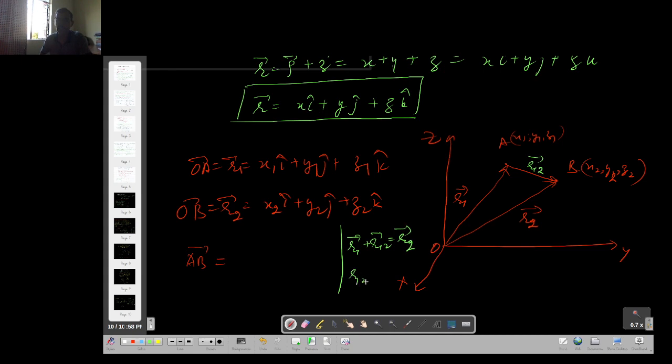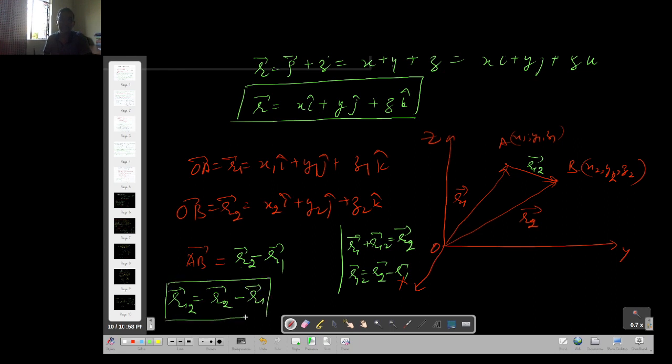Then r12 can be written as r2 minus r1. So this is final minus initial. That means r12 vector can be represented as r2 vector minus r1 vector. So this is all about the coordinate system and the position vector.